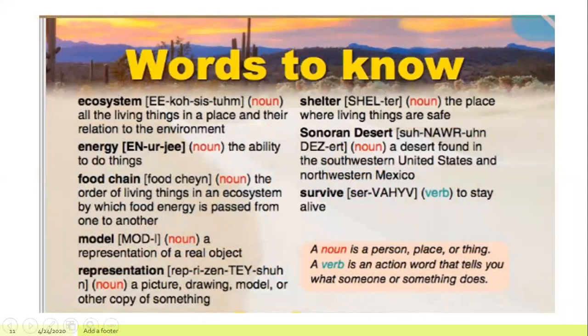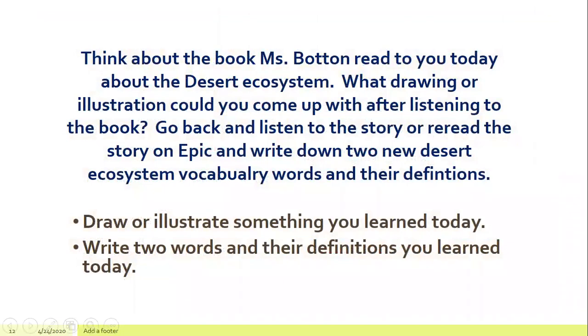Words to know, sometimes also known as a glossary. Again, you have these vocabulary words that will help your reader with understanding the information, which leads us to your next writing. Think about the book Miss Batone read to you today about the desert ecosystem. What drawing or illustration could you come up with after listening to the book?